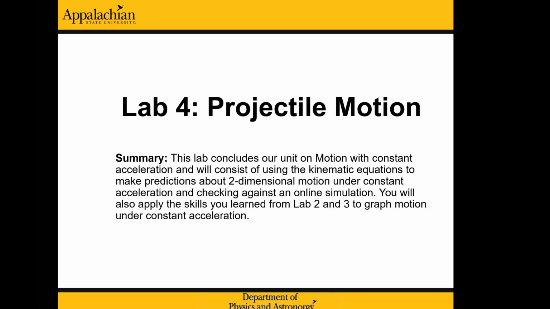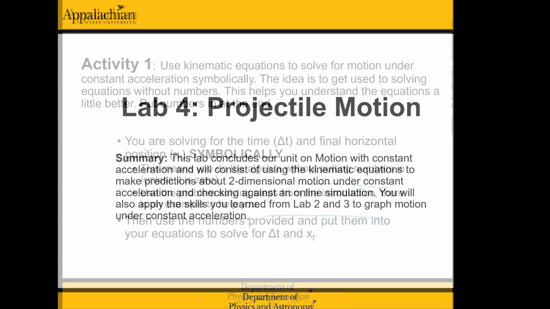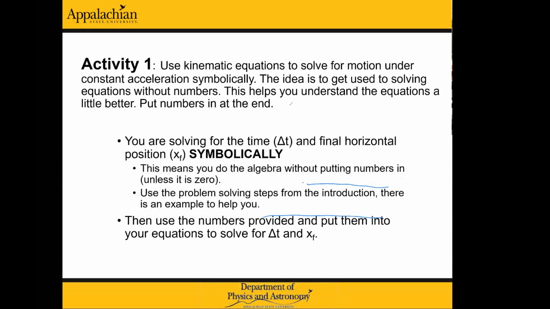The only new aspect of this lab, the first activity, we're going to be using those kinematic equations symbolically. Okay, so now what I mean by symbolically is you're going to be solving for delta t and final position, but without numbers. Okay, so just using equation form.